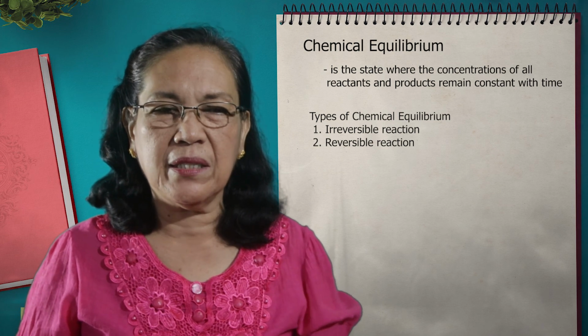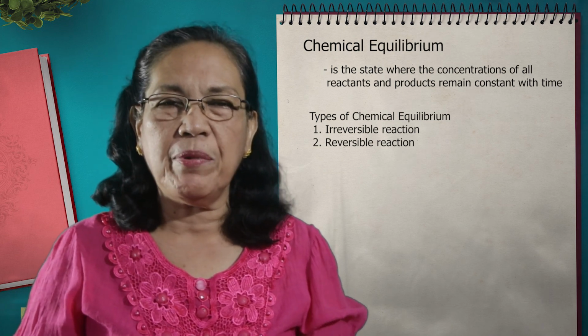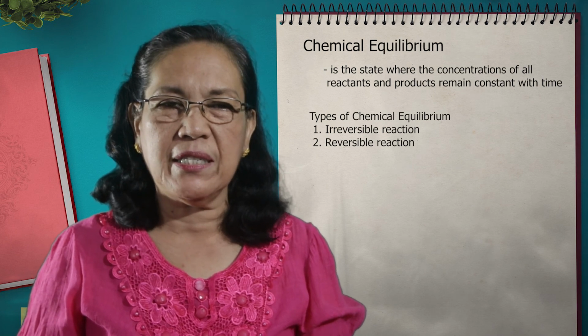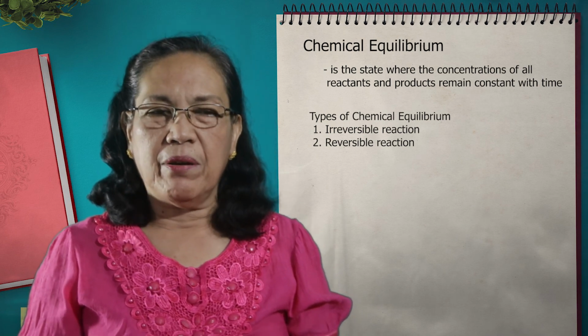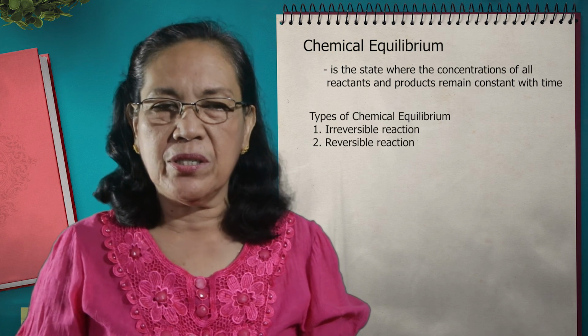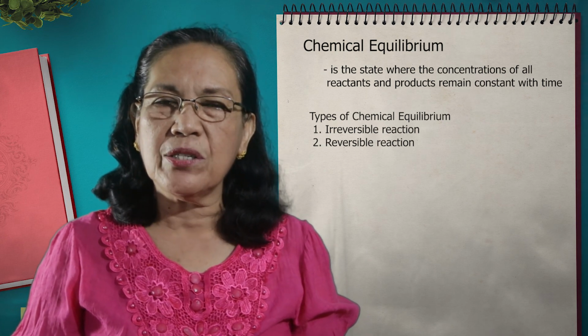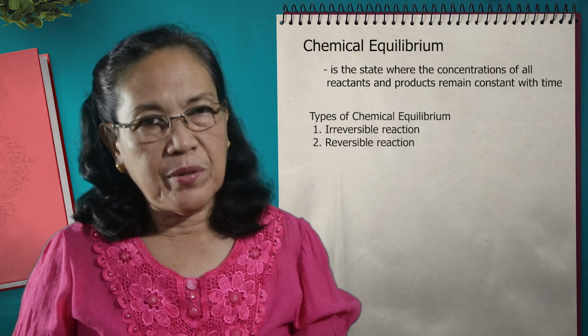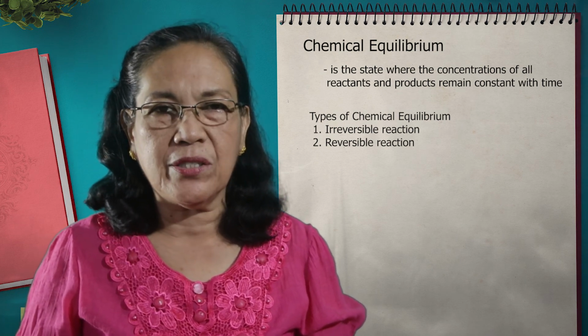While those reversible reactions are what we're going to study, because this is a chemical equilibrium. Those are reactions wherein the products of a chemical change can react to form back the reactants.